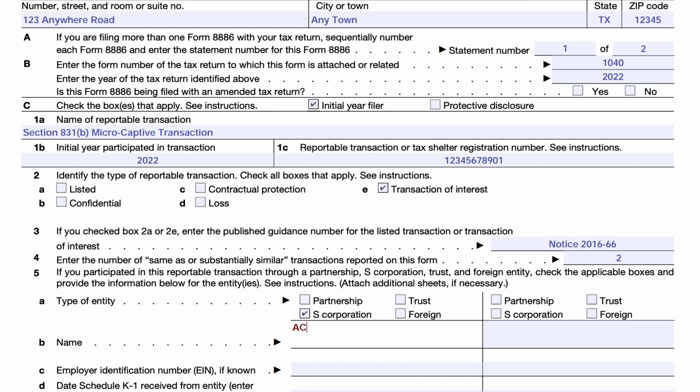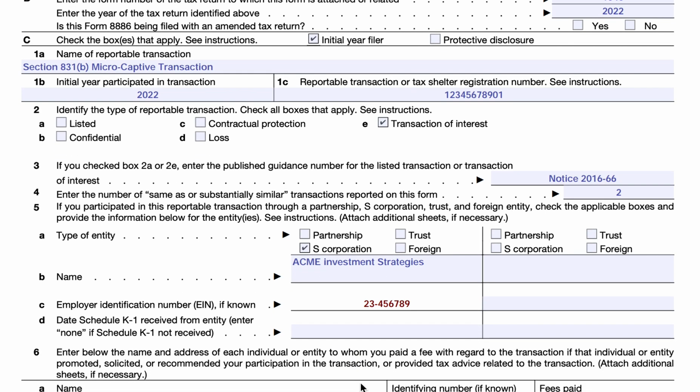We'll call it Acme Investments. The employer identification number, we'll just give it a random one. And then enter the date that you received your K-1. So if you didn't receive one, you can put none. That's fine.